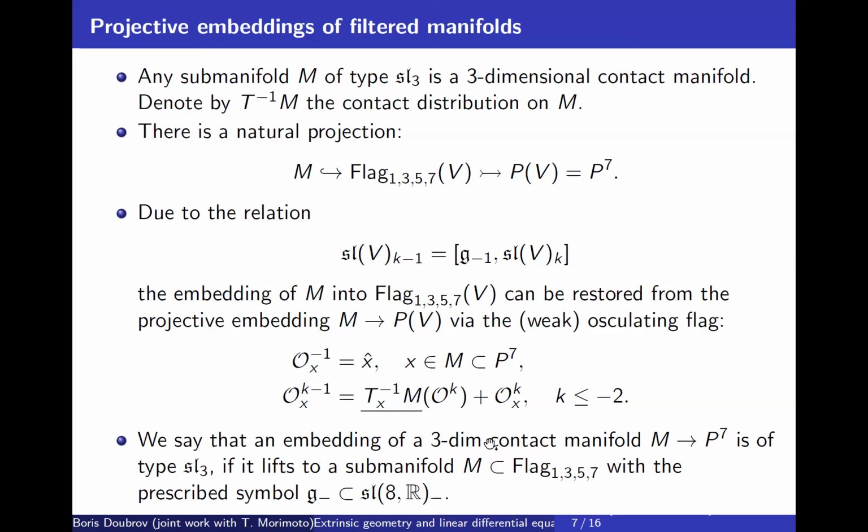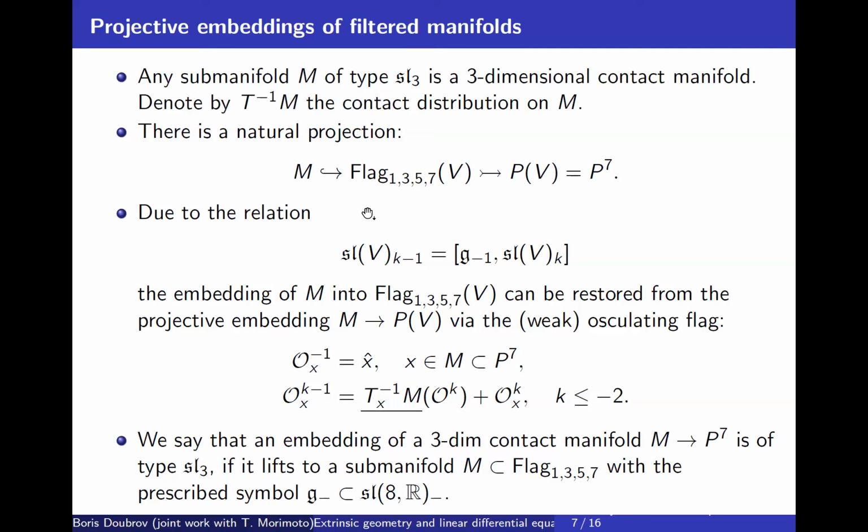Then we say that a three-dimensional contact manifold, or embedding of M into P7, is of type SL3 if it first of all has the right dimensions of this weak osculating flag. I want this space to be one-dimensional, then three-dimensional, then five-dimensional, and seven-dimensional, and then we get all of V finally via this sequence of osculating flags. So we say that a contact manifold M embedded into P7 is of type SL3 if it lifts exactly to a submanifold M in the flag variety with the prescribed symbol G minus in SL8R minus.